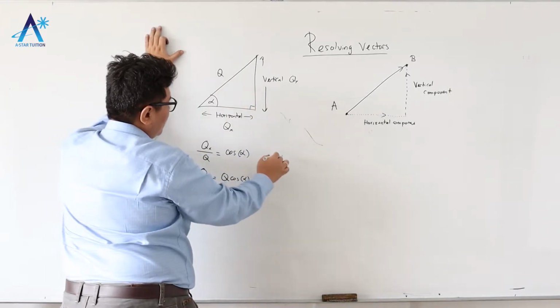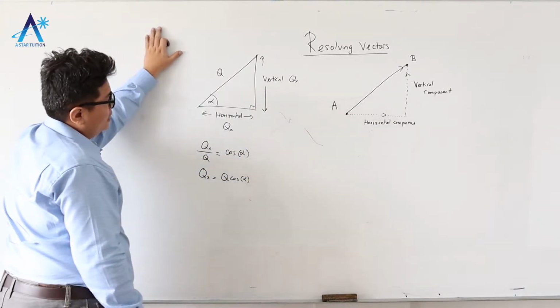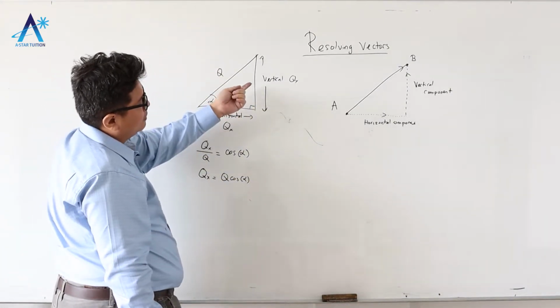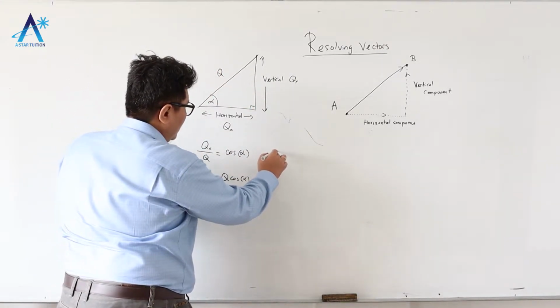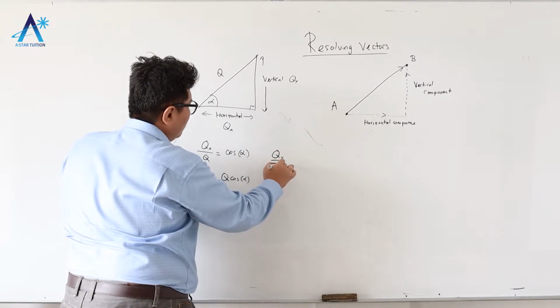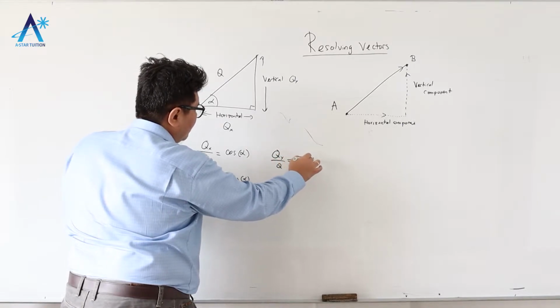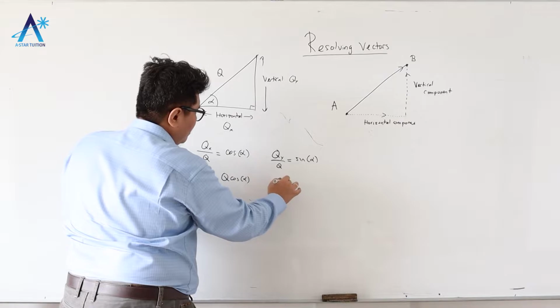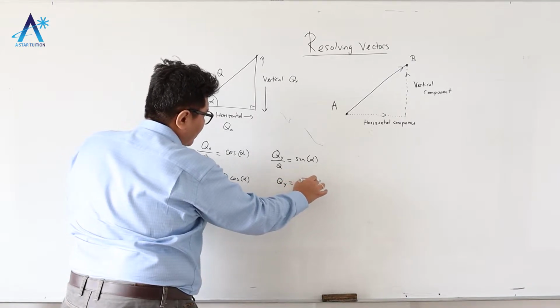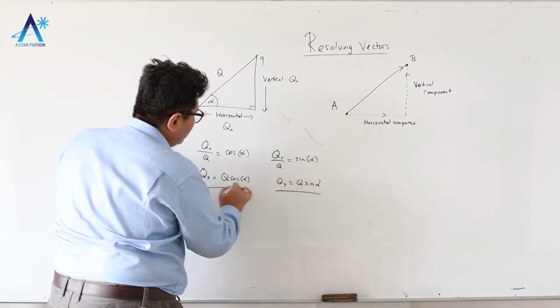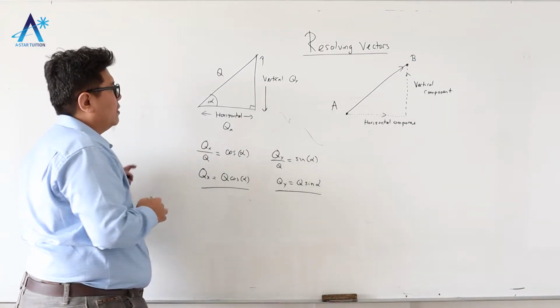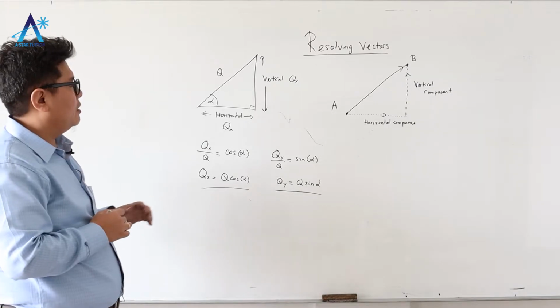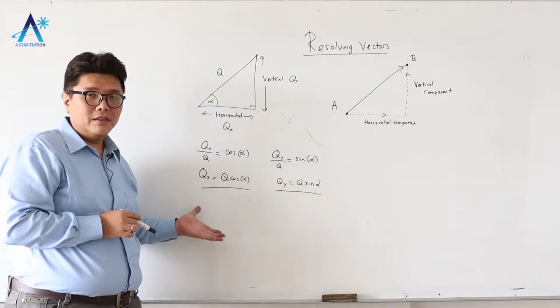And for the vertical component, the ratio of the opposite side to the hypotenuse gives sine alpha. So then Qy would be Q sine alpha. So this is how you resolve the vector into a vertical component as well as a horizontal component.